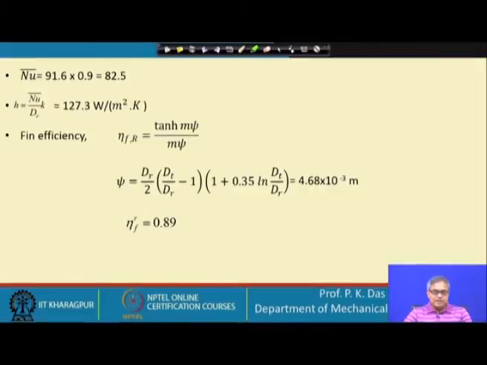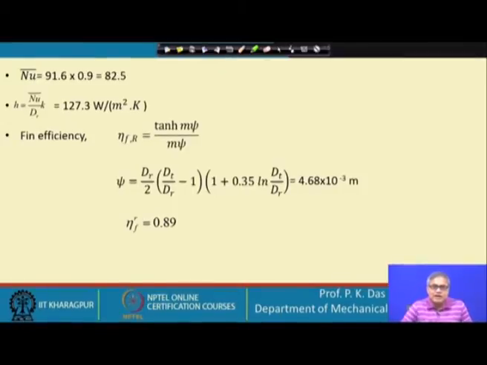Then fin efficiency has to be calculated. Last day also I have shown how to calculate fin efficiency using the same formula. We are getting the fin efficiency 0.89. This is also one thing, that fin efficiency should be on the higher side. If the fin efficiency is not on the higher side, then we have not selected a fin justifiably.